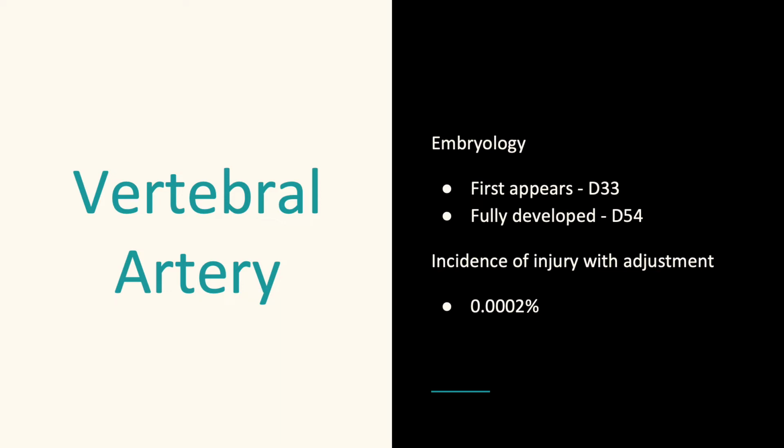As far as its incidence of injury with manual therapy, it's very, very low. 0.0002% in fact, and there is so much more updated research about that these days, and it's even less associated with chiropractic and a cervical adjustment in particular. It's more the symptomatology that we need to look out for an active dissection.